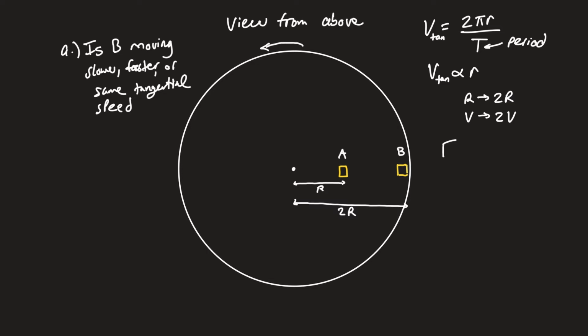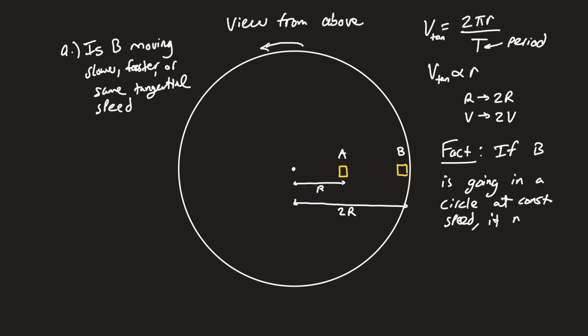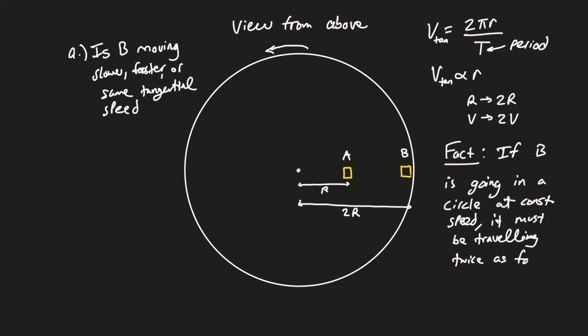So therefore, let's write this down as a fact: if B is going in a circle at constant speed, it must be traveling twice as fast, or moving twice as fast as A. Okay, that's just a mathematical, pretty much geometric fact that has to be true.